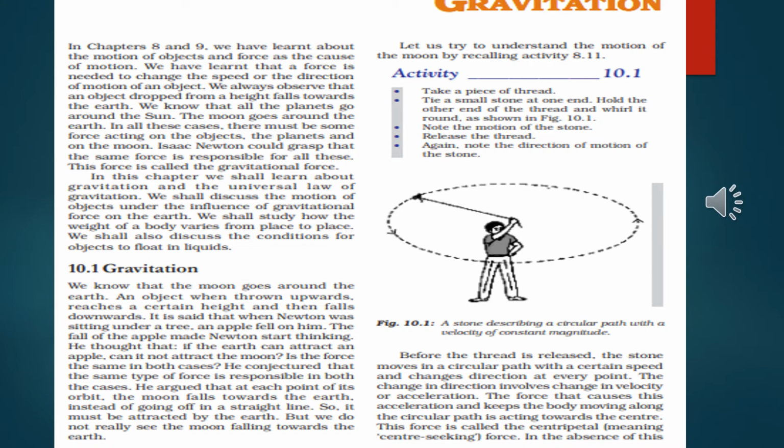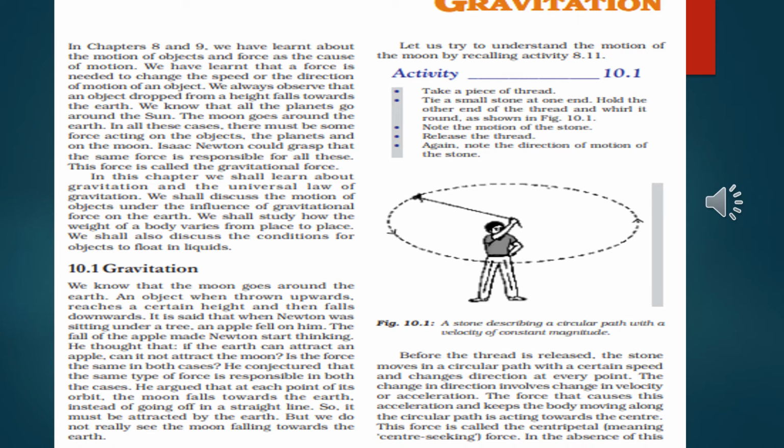Before the thread is released, the stone moves in a circular path with a certain speed and changes direction at every point. The change in direction involves change in velocity, or acceleration.